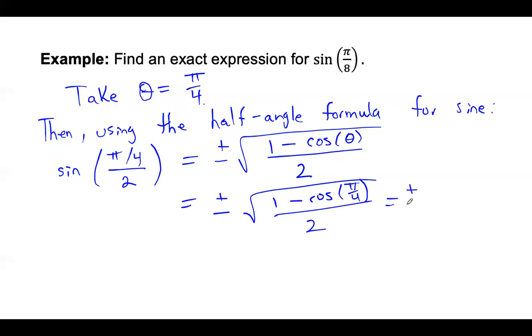So this is going to be plus or minus square root of 1 minus, we know the cos of pi divided by 4. We've done this before. This is like square root of 2 divided by 2, all divided by 2. Remember, you're given a sheet.